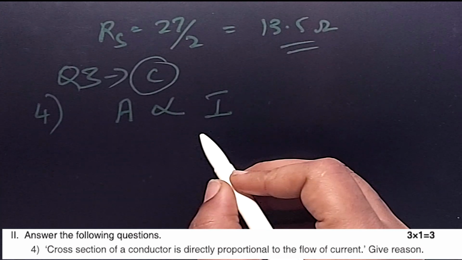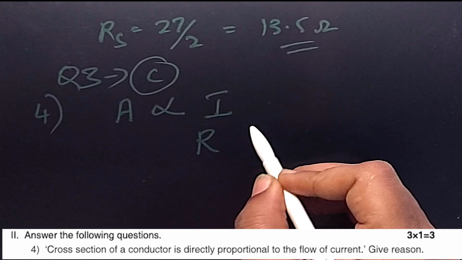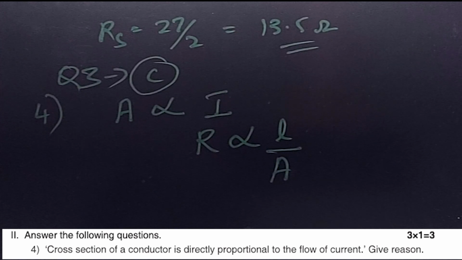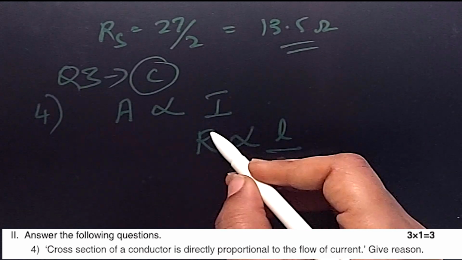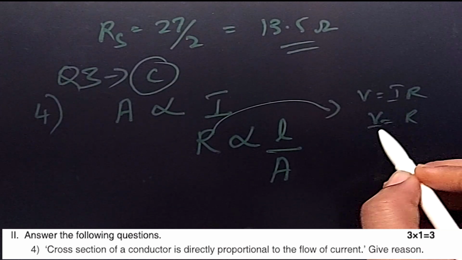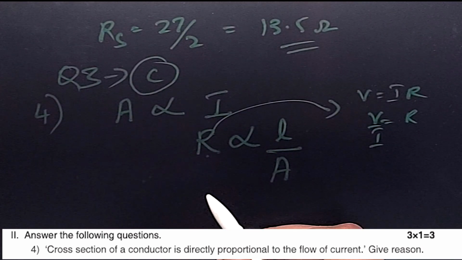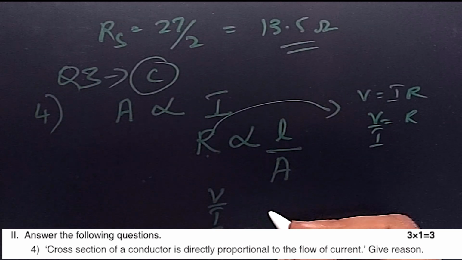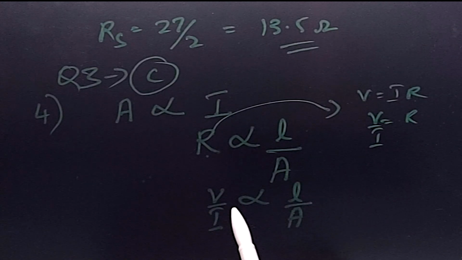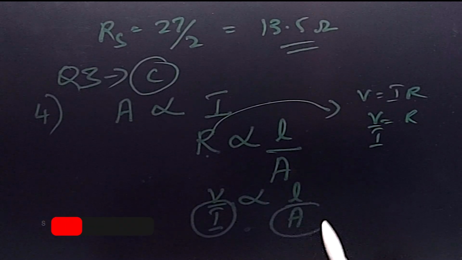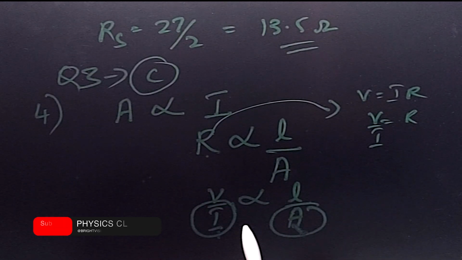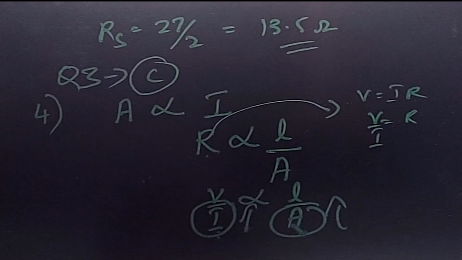We all know the formula. R is directly proportional to the length of the conductor and inversely proportional to area of cross section. We also know from Ohm's law, V is equal to I into R. We know that R will be equal to V by I. So I can substitute V by I in place of R, that is proportional to L by A. Now the fourth question is related to I and A. Since both of them are in the denominator place, we come to know that both are directly proportional.